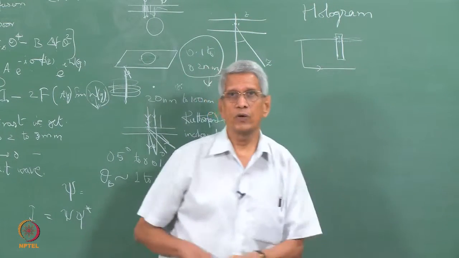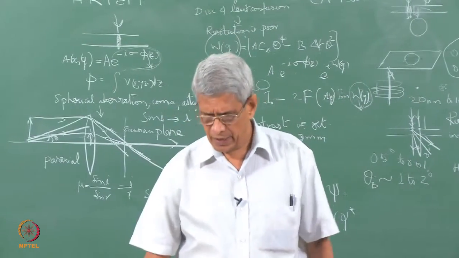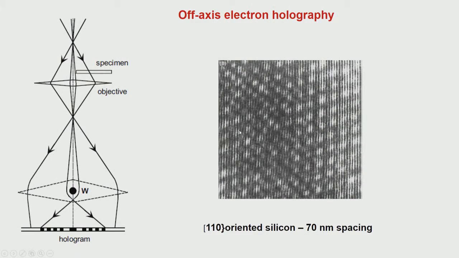This is how a hologram is made. The same principle is used in electron microscopy also. There are many types of holograms which are being made. They are called on-axis holograms, off-axis holograms; there are various types. Essentially, what is being done in an electron microscope is that part of the beam is made to pass through that sample, and different regions as the beam passes through.